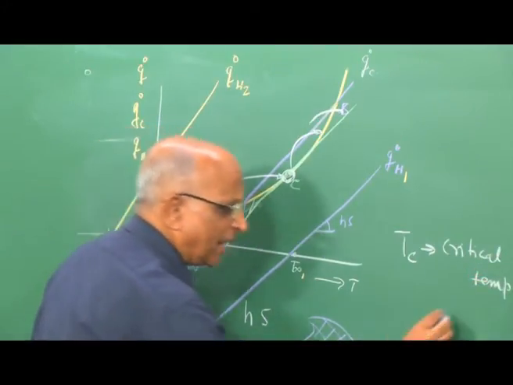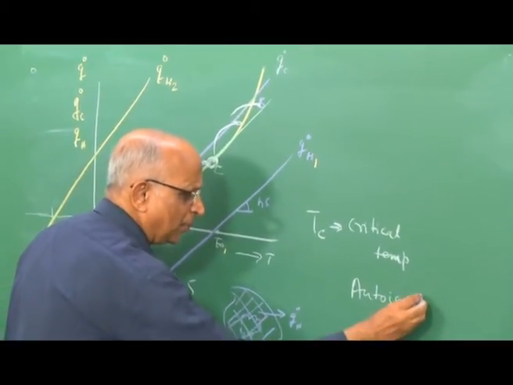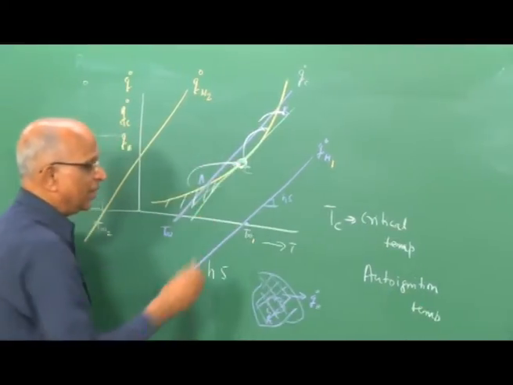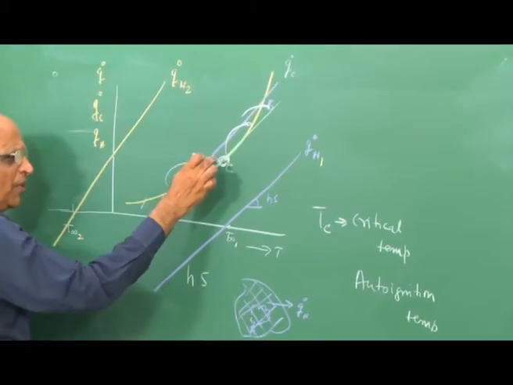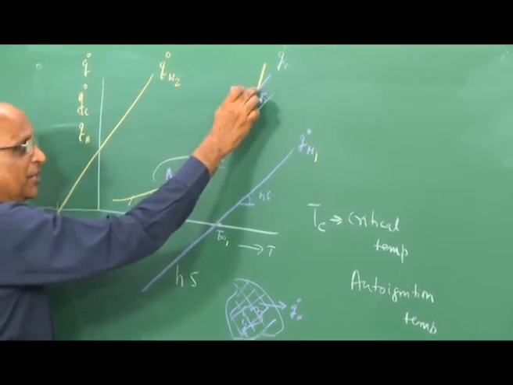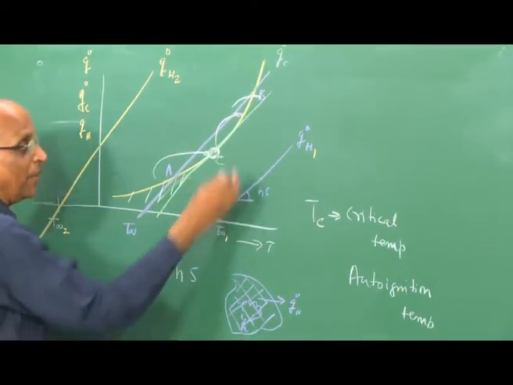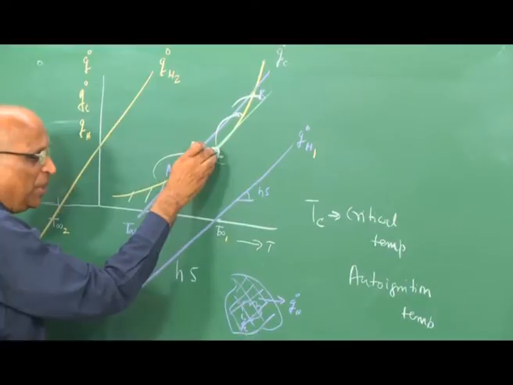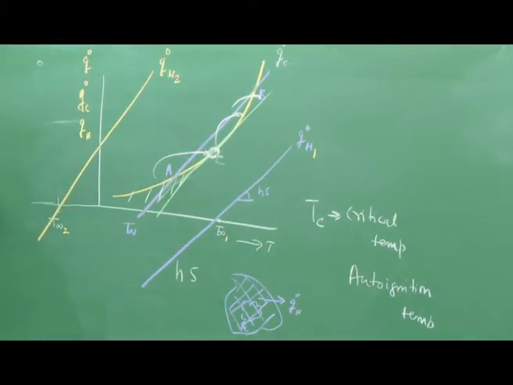People also call it the auto ignition temperature. That means, if I can increase the temperature to a value Tc, the substance automatically ignites. And what is the difference between auto ignition temperature and ignition temperature? The ignition temperature is higher because I have to supply energy such that I go to this, whereas in this case that is the minimum value of energy required to auto ignite a particular mixture.